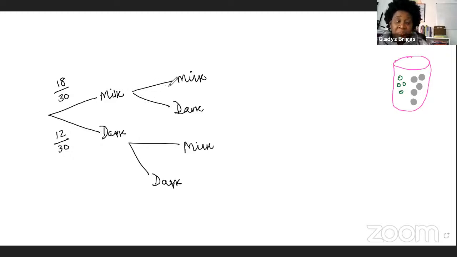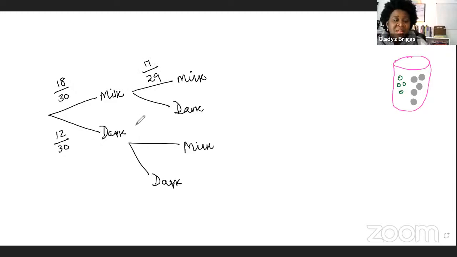And on the second one, assuming that milk chocolate was chosen first because it was taken without replacement. Yeah, if you look at the picture that you took on your phone, it was taken without replacement. It was taken, looked at, and put to the side. Then, assuming the milk was chosen, the milk is not there. One milk is off, so it will be 17/29.